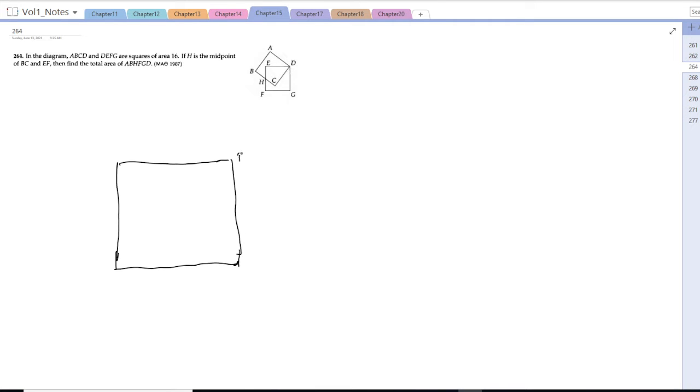We have DEFG here, and it has an area of 16, which means the side is 4. Then H is the midpoint of both BC and EF.